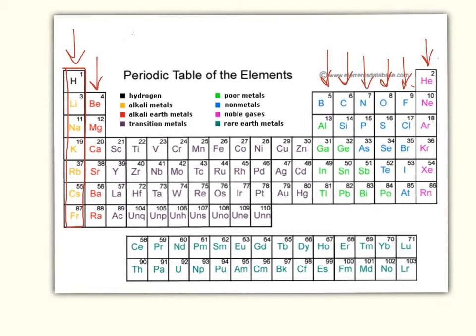What scientists were able to determine was that the reason why they behave similarly is because of the electrons in their outer shell, which is known to us as the valence shell. So our valence shell is that last orbit that has electrons in it.